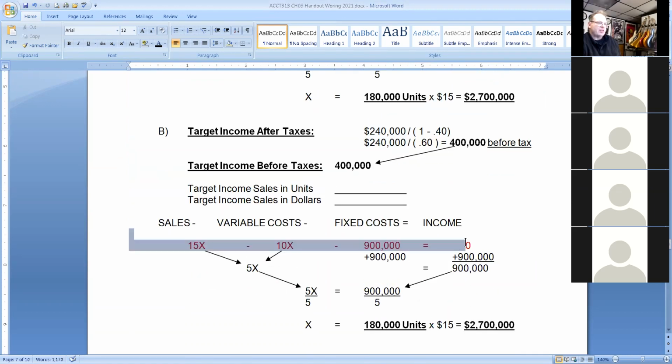This is what you're going to plug into your equation for your income. So they're going to be the same here, except for this would be the 400,000.